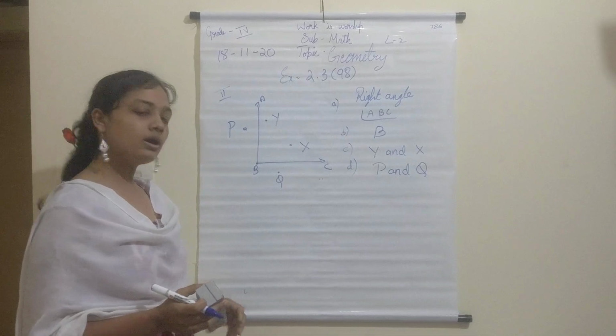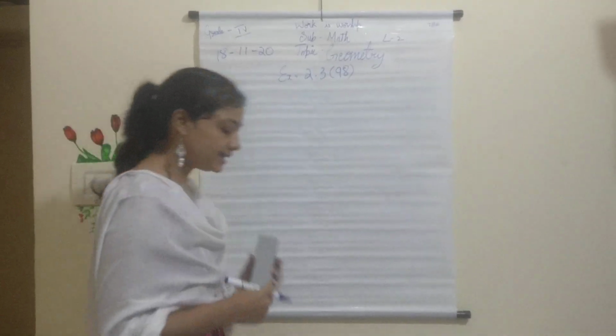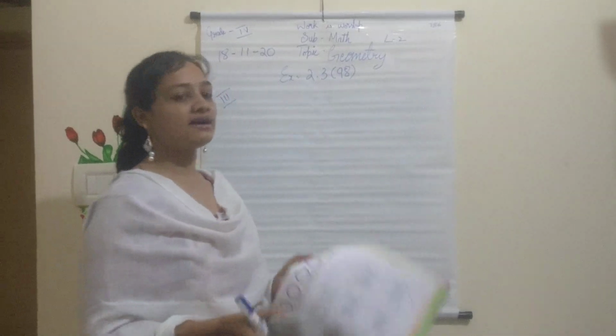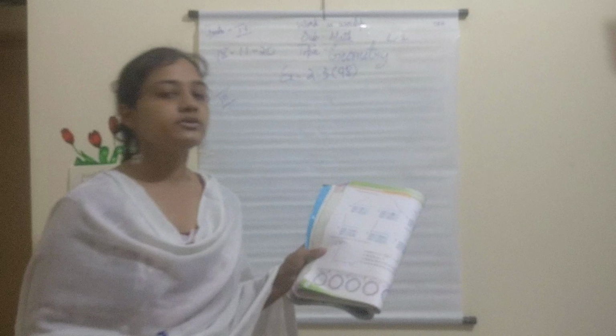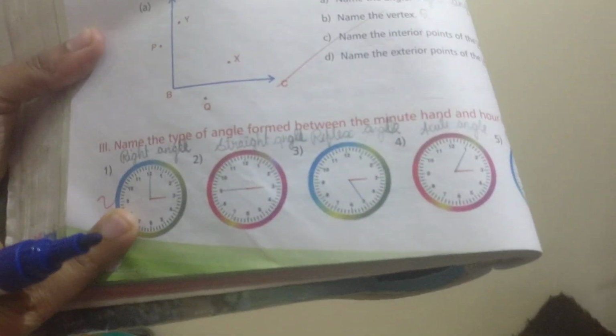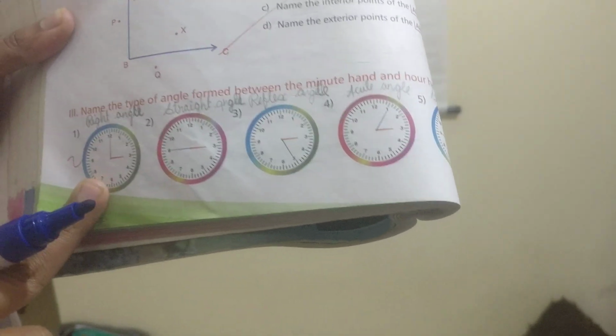Now we'll be going for third main. In third main, what is the heading? They have given you some clocks and they have represented the angles using the hands of the clock. So you should write the type of angle the hands represent there.